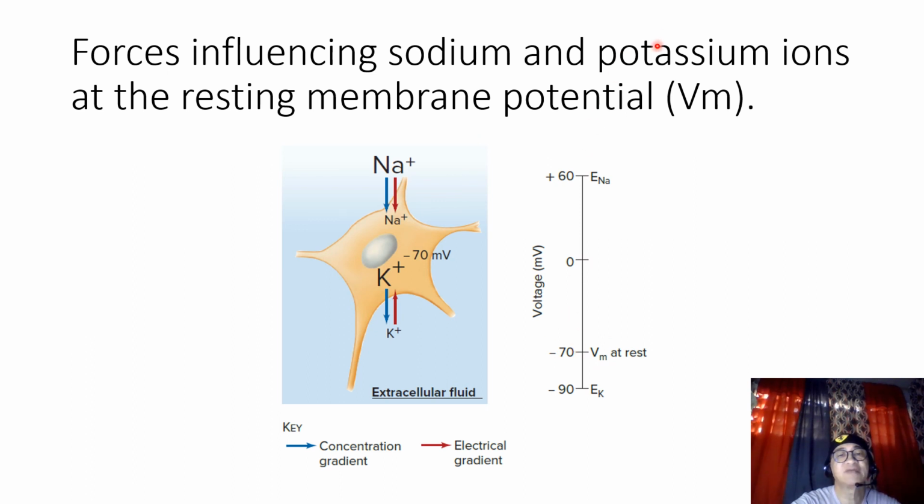At resting membrane potential of negative 70 millivolts, both the concentration and electrical gradients favor the inward movement of sodium, whereas the potassium concentration and electrical gradients are in opposite directions. The greater permeability of potassium maintains the resting membrane potential at a value near its equilibrium potential. So this means that the resting membrane potential is more dependent on the movements of potassium.